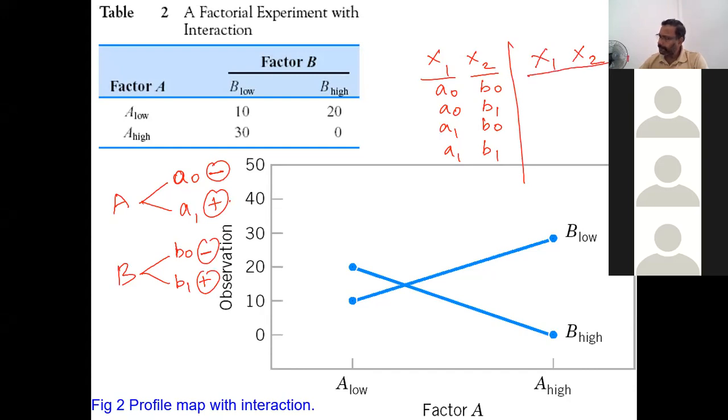Anyone? How can we say A naught and B naught here according to this sign? Tell me. Yeah. Negative, negative. Yeah, these two are negative. Second one, negative and positive, positive and negative, positive and positive. You see, we have just given the coding.